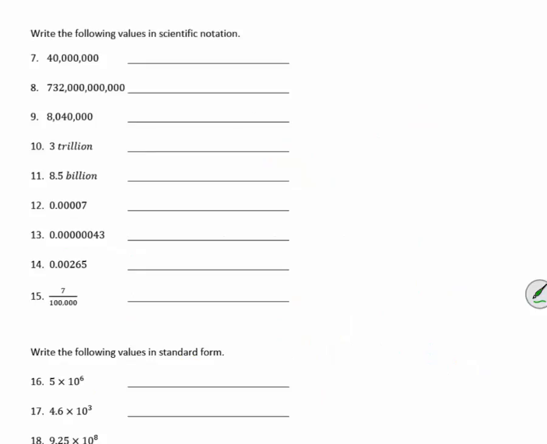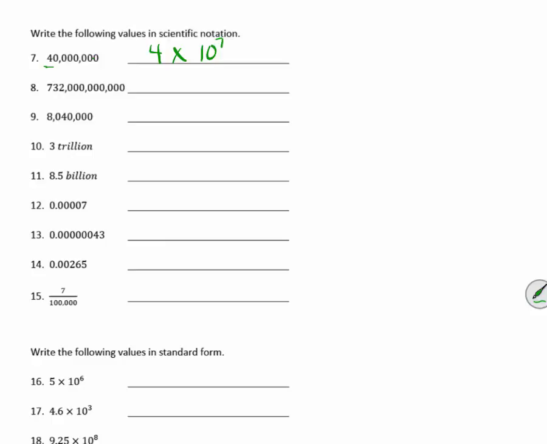All right, let's see what else we have to do. Now we're going to try to write these in scientific notation. We did this a little bit already. So when I take these numbers, it's going to be this number here, 4, times what power of 10 do I need? Well, that's where you count your decimal places. I have 1, 2, 3, 4, 5, 6, 7 decimal places, 10 to the 7th.